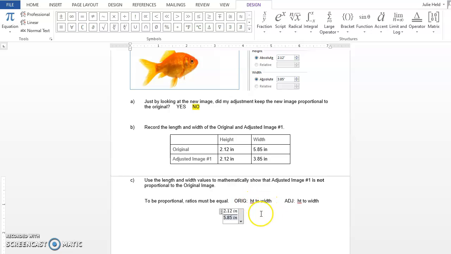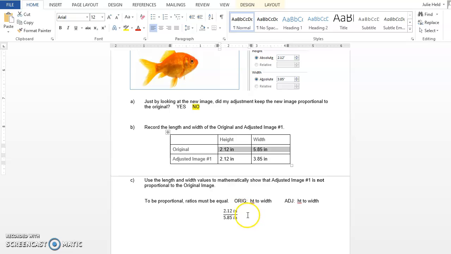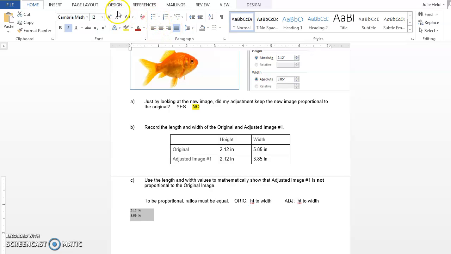Because I'm doing height to width, and I'm sticking with the original, so I'm looking at this first row. Then height to width in the other one: the height was 2.12 inches, but the width was only 3.85.